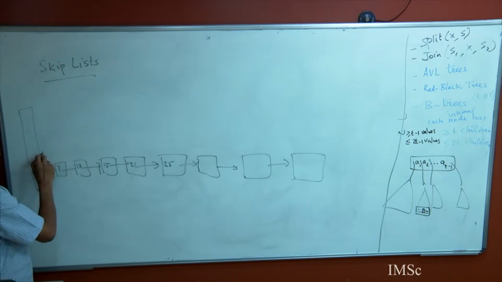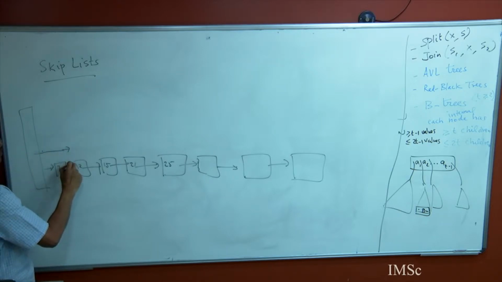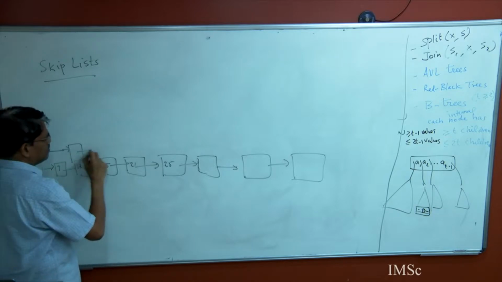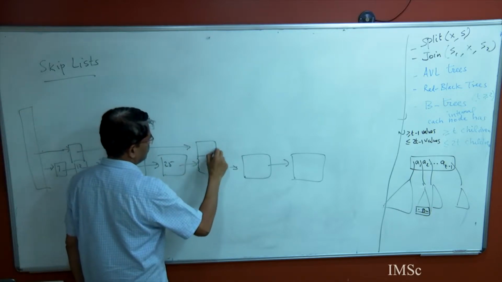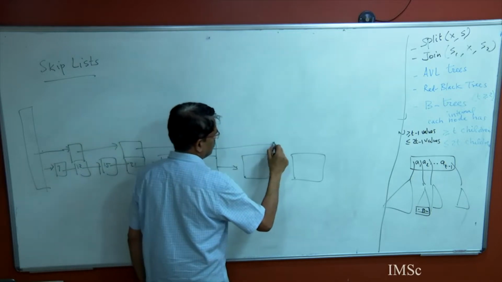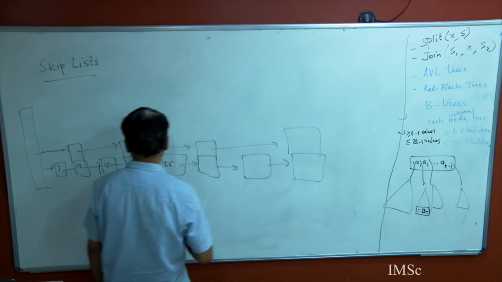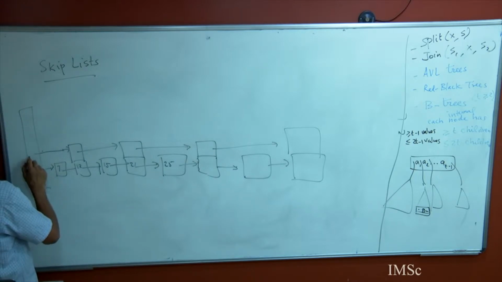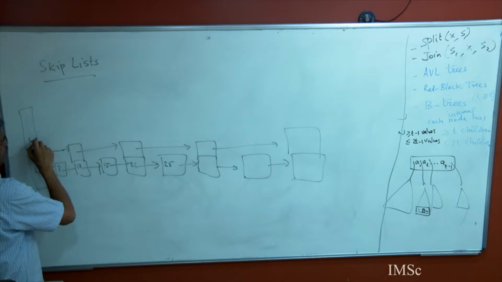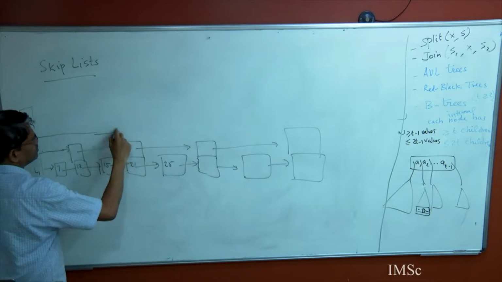And so on, and then every fourth element in the third list. So let's call this L1, L2. L3 will have every fourth element.